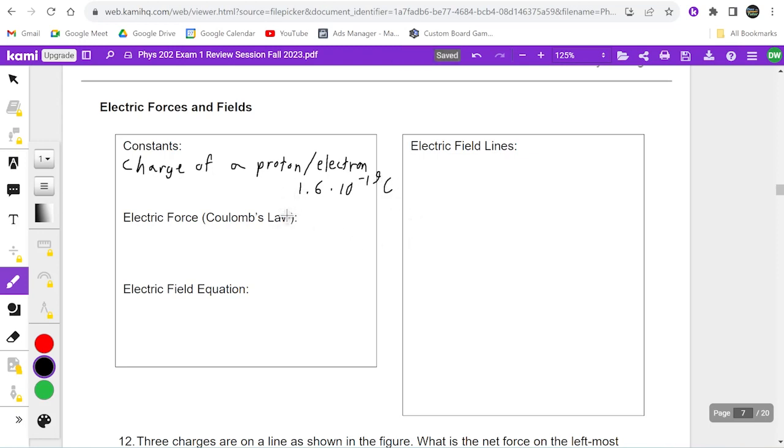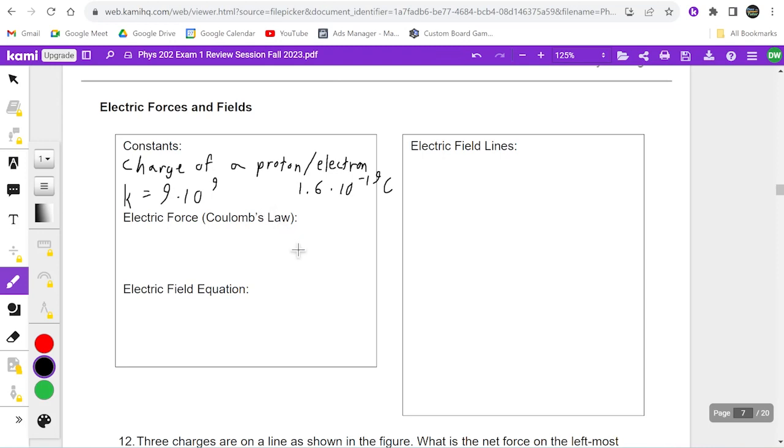By the way, protons are positive, electrons are negative. I'm not even going to write that. I think it's obvious. And then the only other constant we need right now is k, lowercase k, and that equals 9 times 10 to the 9th. And I have no idea what the units are for that, so I don't really care. But any questions on those constants? Hopefully they all look familiar.